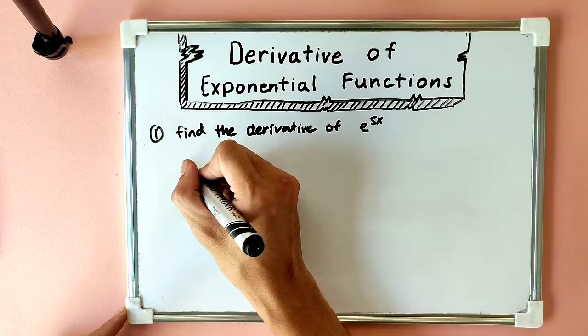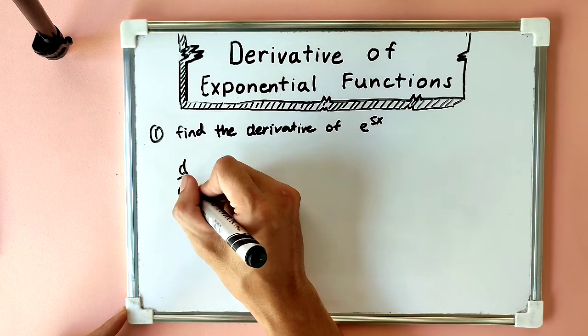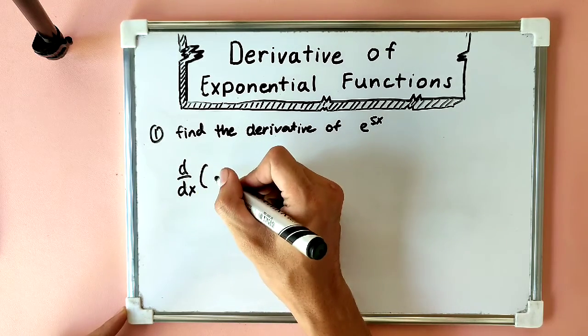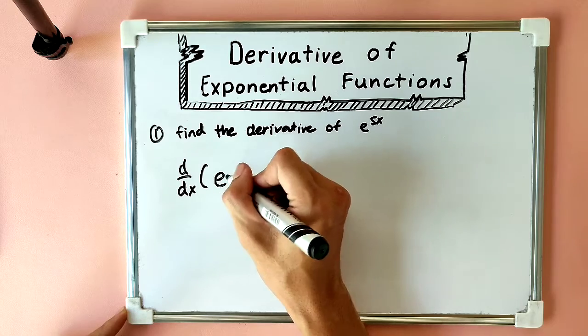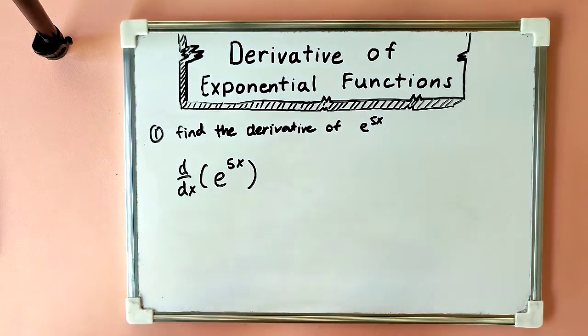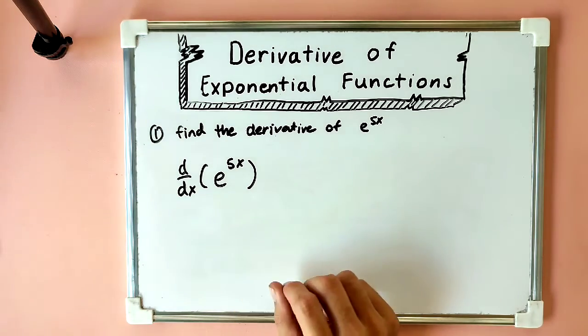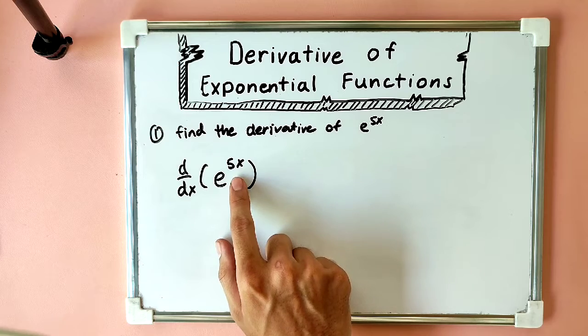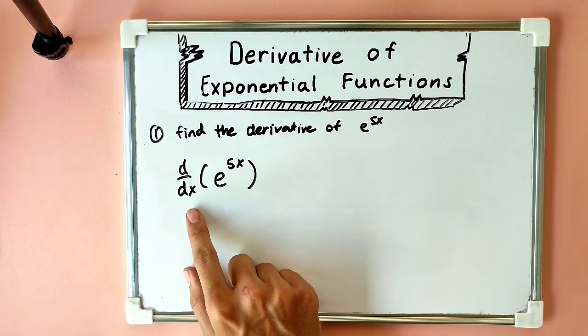So ang gagawin natin dyan ay i-rewrite lang natin. So ito yung sasagutan natin, yung kukunin natin ng derivative of e raised to 5x with respect to x.